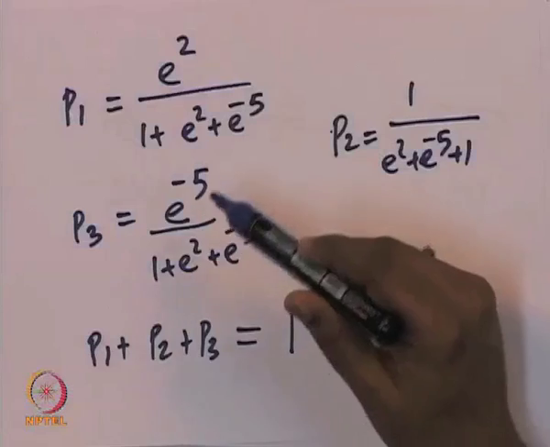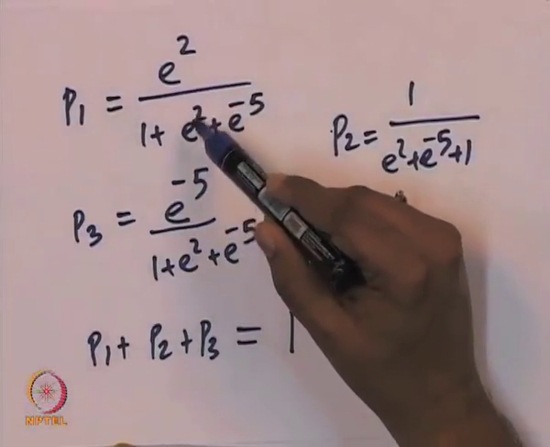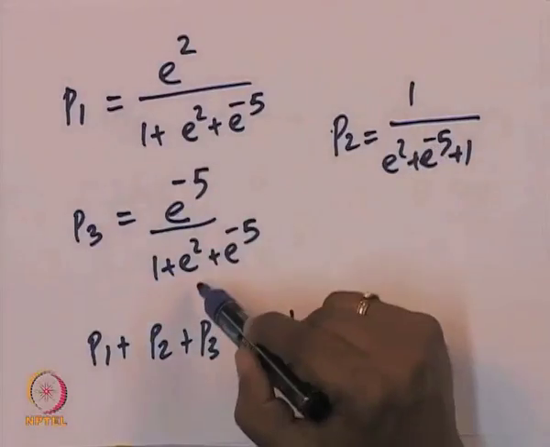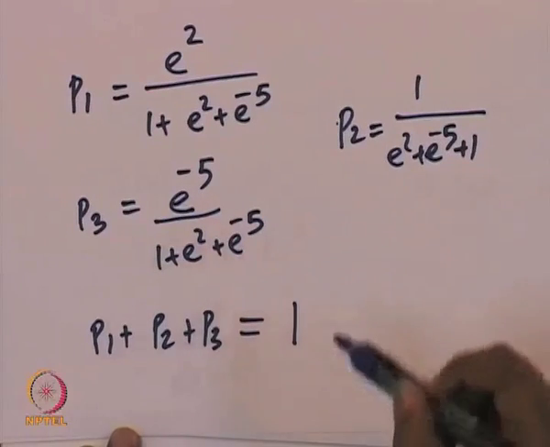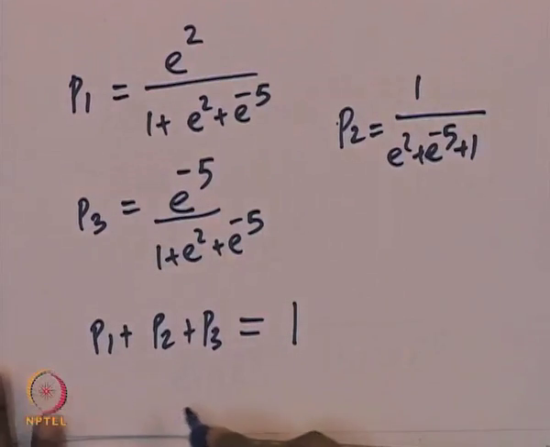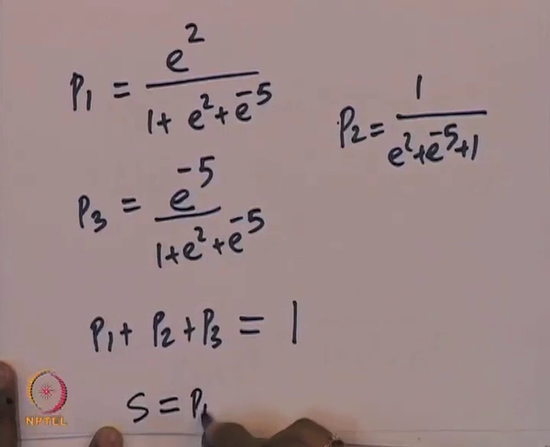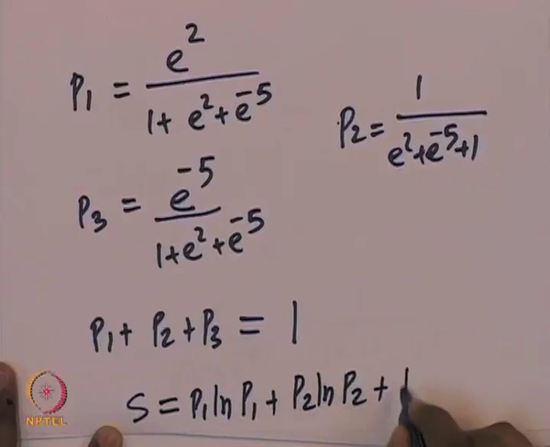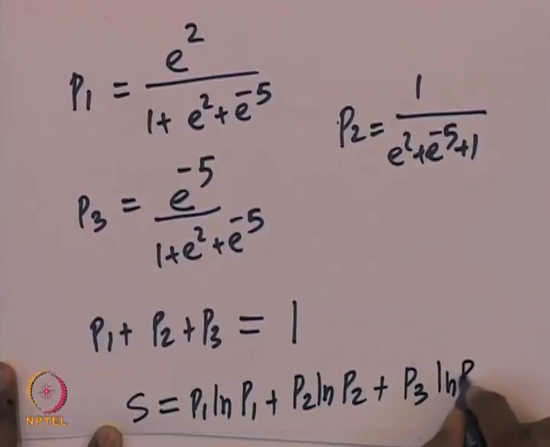So, look at this here. You have this system, we know P1, P2 and P3, and if you want to calculate entropy, it is easy. Entropy of the system is P1 log P1 plus P2 log P2 plus P3 log P3.